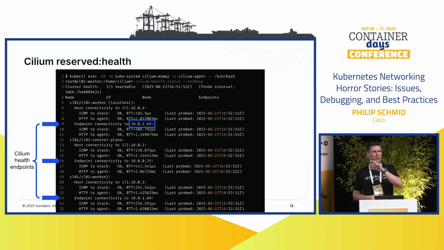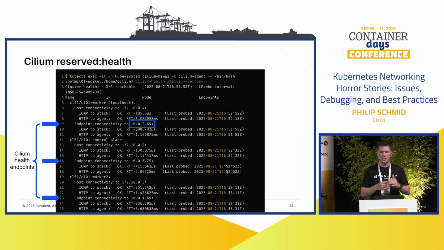We see for each remote node, the Cilium agent is doing basically 4 different health checks. The first 2 are for host connectivity, so it essentially means Cilium itself is checking if the underlay network is actually healthy and the remote node is properly reachable for HTTP and ICMP. It also shows you round trip times, and it would also show you errors and so on.